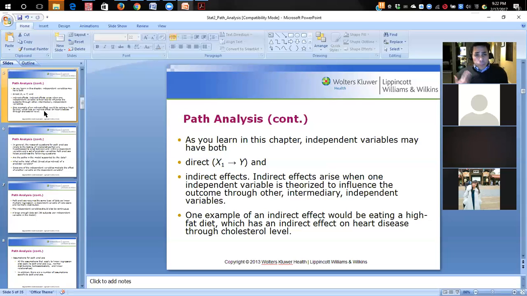So indirect effects arise, or they happen, when one independent variable is theorized to influence the outcome through other intermediary variables.